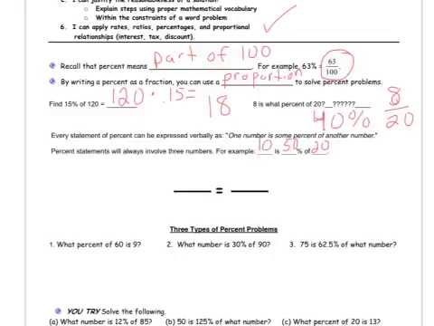Okay, so the way we're going to do this is we're going to use this formula, is over of equals our percent over 100. So if I wanted to write this out here, I would do is, my 10 here.